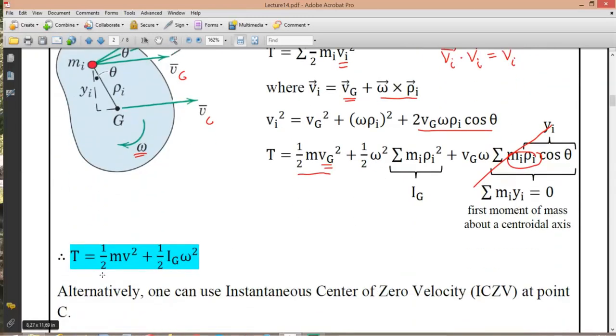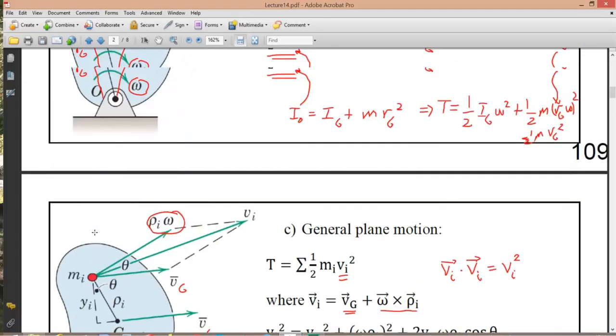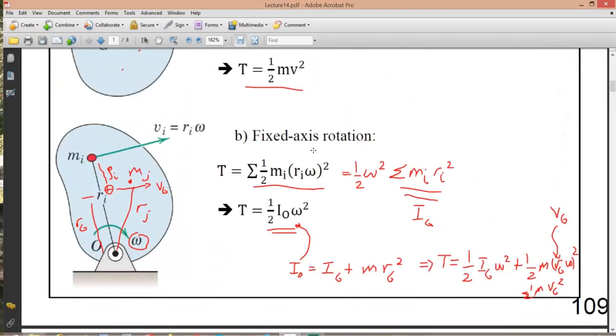The kinetic energy of a rotating and translating rigid body will have two parts. One part due to the translation motion, the other part is due to the rotational motion. However, we can still define this kinetic energy as a single term. Take a look at what we have done for the fixed axis rotation.